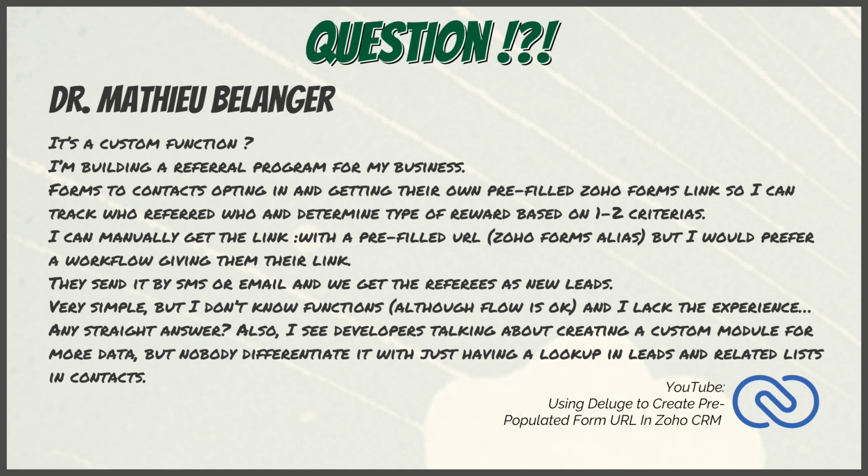I can manually get the link with a pre-filled URL, Zoho Forms alias, but I would prefer a workflow giving them their link. They send it by SMS or email, and we get the referees as new leads. Very simple, but I don't know functions, although Flow is okay, and I lack the experience. Any straight answer? Also, I see developers talking about creating a custom module for more data, but nobody differentiates it from just having a lookup in leads and related lists in contacts.